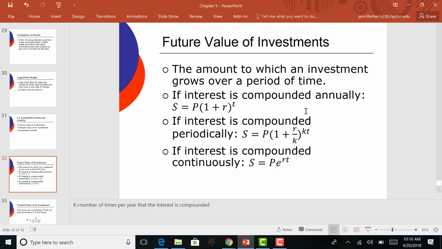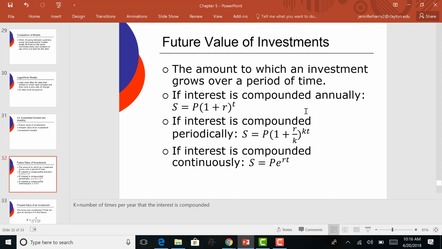So here's what we're going to do. We're going to find the amount to which an investment grows over a period of time, which is why we call it future value. You will have something called interest, and interest will be compounded a certain number of times. In this very first bullet, the interest is compounded annually.